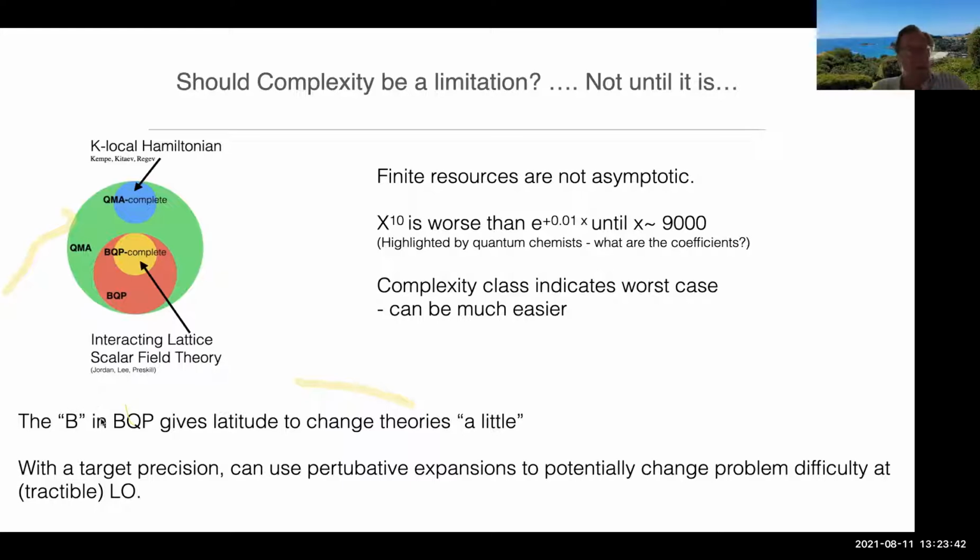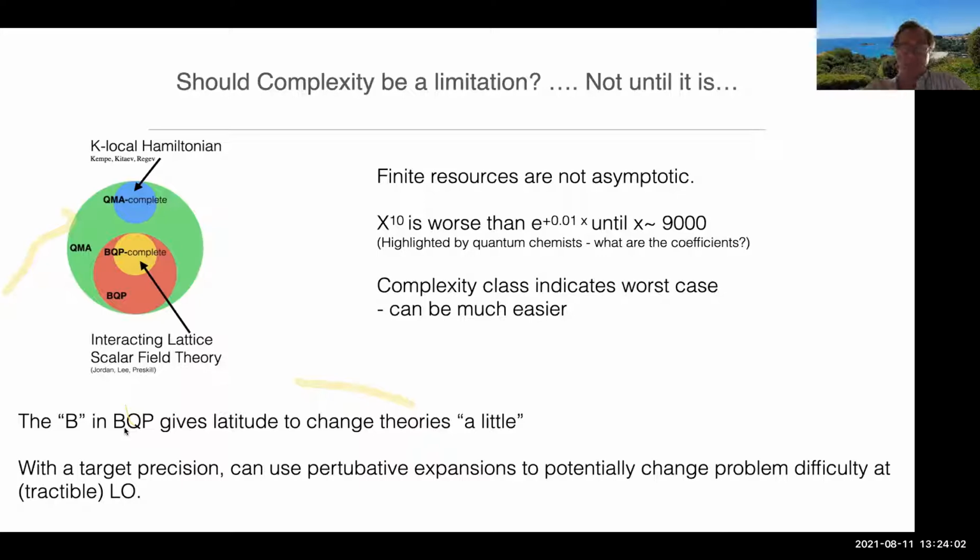Further, the B in BQP stands for bounded, which means that because of the intrinsic statistical nature of quantum simulation, when one performs a simulation, there's going to be an uncertainty or an error associated with it. That gives theorists wiggle room.